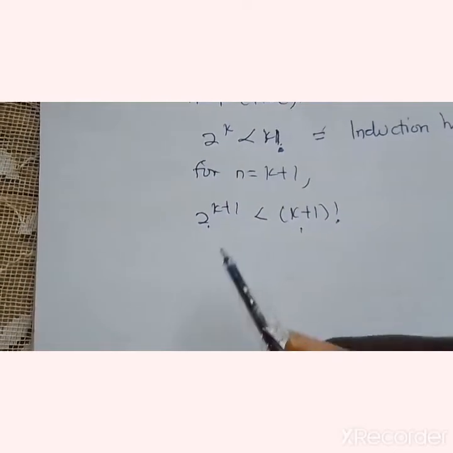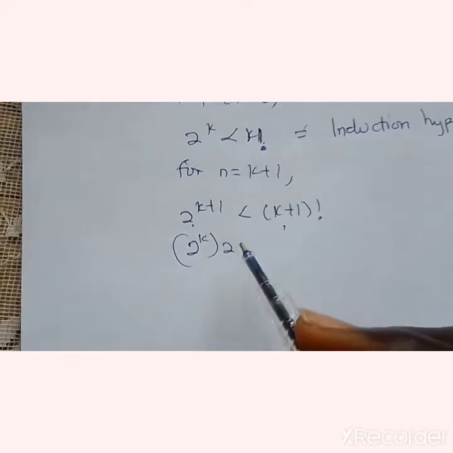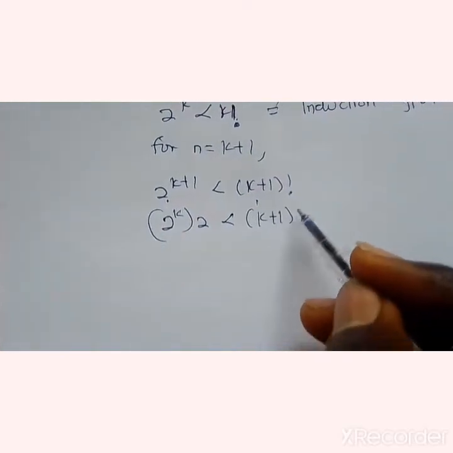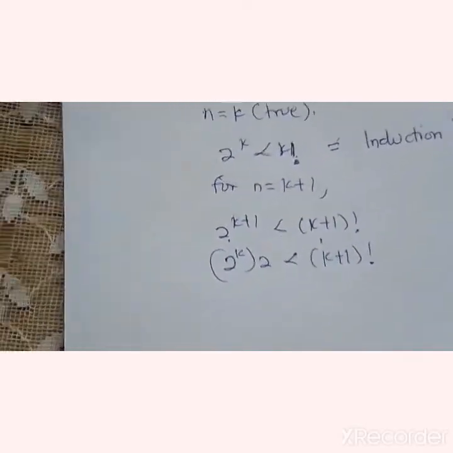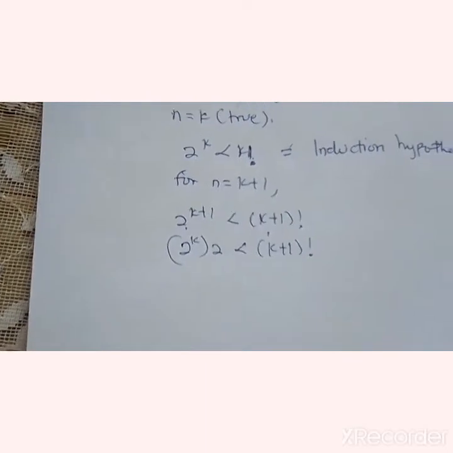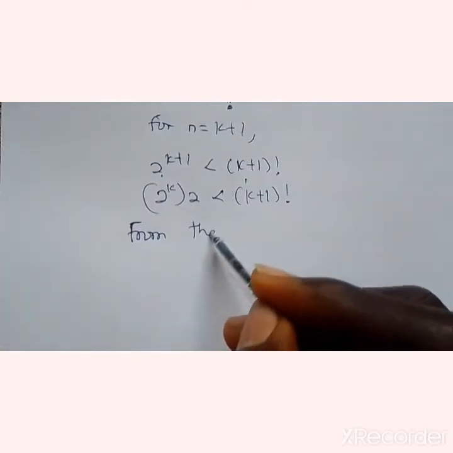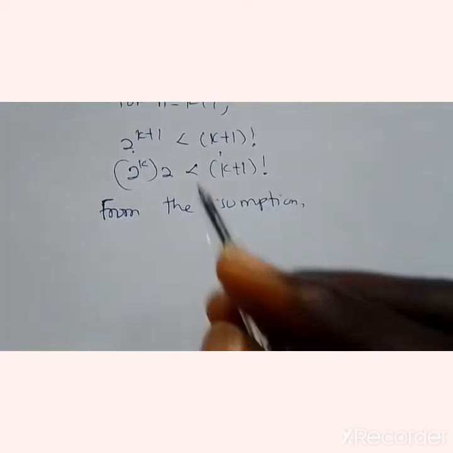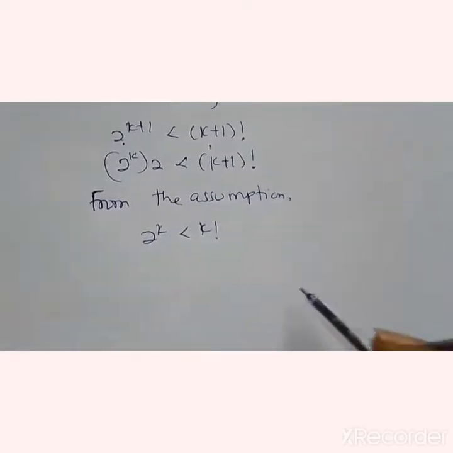So how do we do that? So here is the same as 2 to the power k multiplied by 2 from indices, is less than k plus 1 factorial. Now let's see, from our hypothesis, from the assumption, 2 to the power k is less than k factorial.